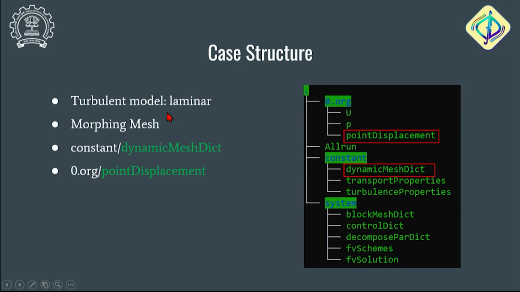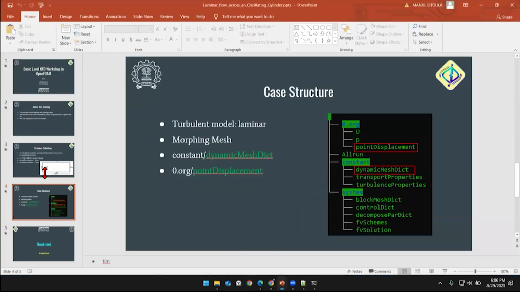This is advantageous for large deformation or large displacement boundaries. If the displacement of the boundary, that is the oscillation or the plunging or the pitching, is large, then this might lead to divergence problems, and we need to monitor the Courant number and time step very carefully for cases with morphing mesh. Okay, so now let's look at our case structure.